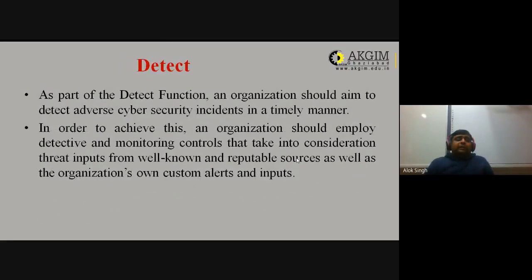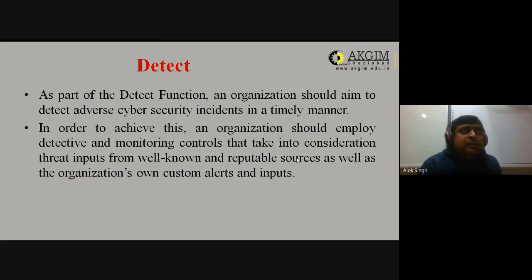Okay, protect and then detect. Detect what? Loopholes basically. As a part of the detect function, an organization should aim to detect adverse cybersecurity incidents in a timely manner. Okay, suppose some of your computers are also facing cybersecurity problems.